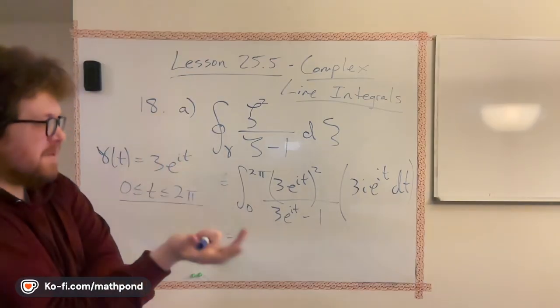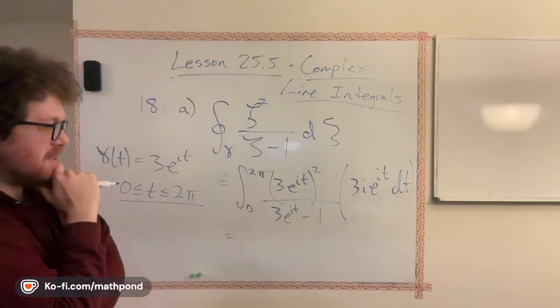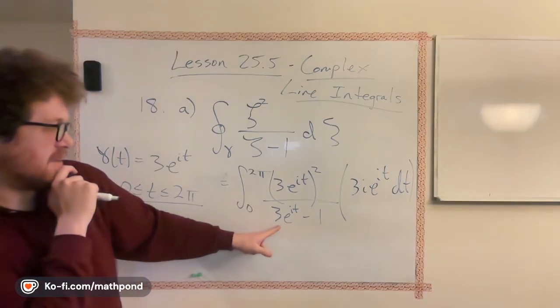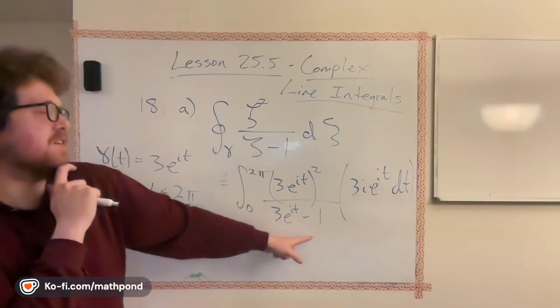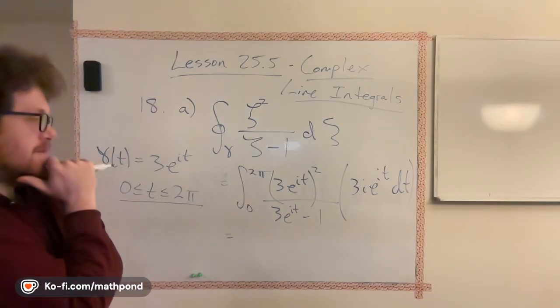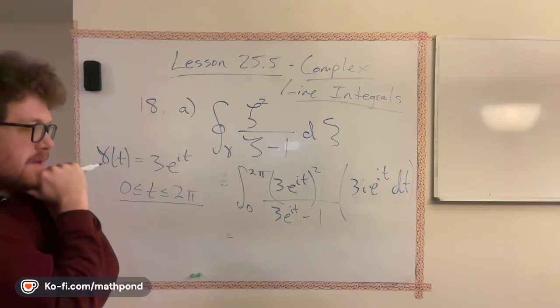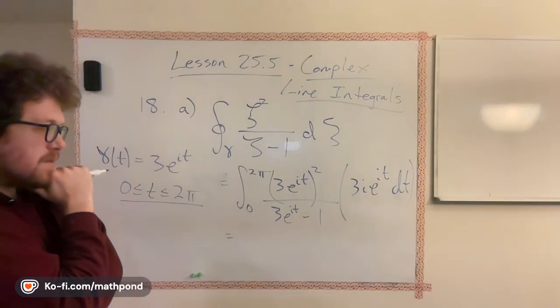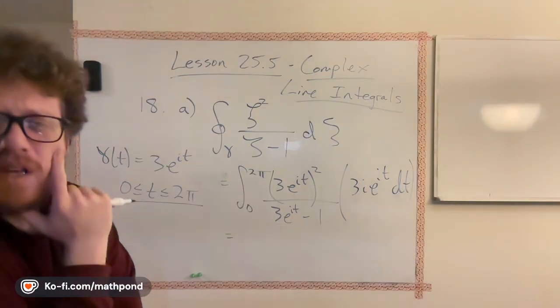So, I mean, usually we want to multiply by the conjugate or something, like 3e to the it plus 1 on top and bottom. But I don't really think that helps us much.